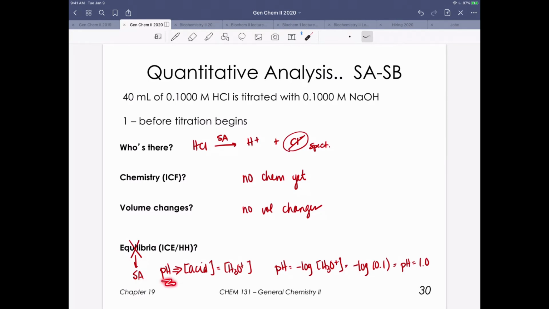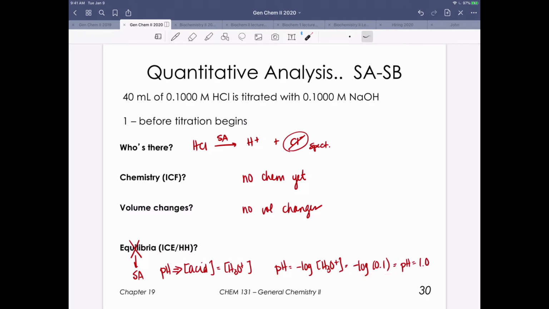So the pH is really a reflection of the acid concentration, because that completely dissociates to give us a full amount of hydronium ion. So again, we know that the acid concentration is 0.1 molar, so that means the hydronium ion concentration is 0.1 molar. So again, the pH is the negative log of that H3O+ concentration.